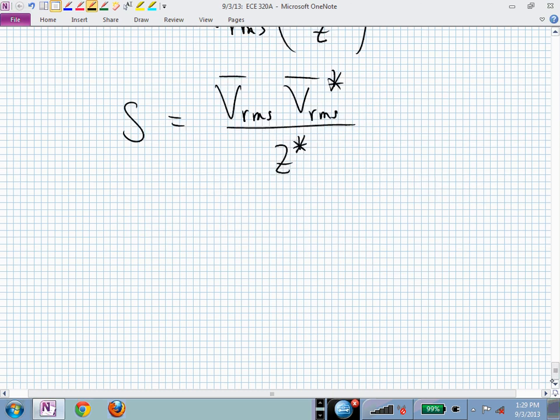But this now simplifies because of what we know about complex numbers times their conjugate. This is now the magnitude of the voltage dropped across that impedance squared, divided by the complex conjugate of the impedance. And that will generate a real part and an imaginary part, and that will give you the real power and the reactive power of some circuit.